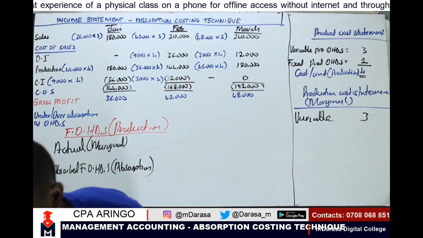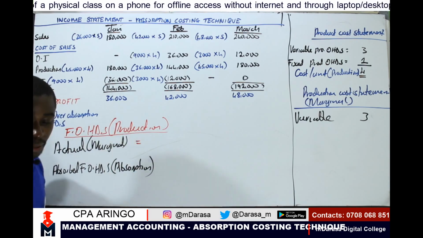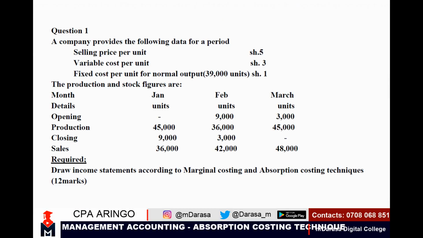So looking at that case, let us analyze it. Under marginal, my good students, what did you take? 39,000, because I was given 39,000 for the month of Jan, which same applied for Feb, and for March.